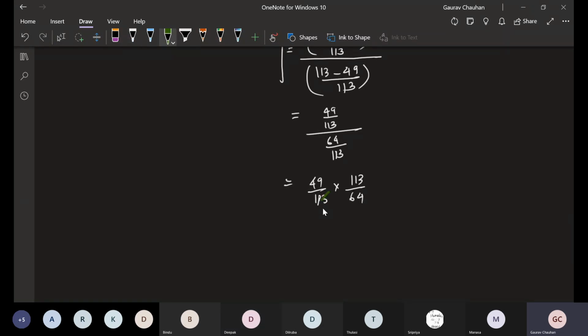And then you can cancel this and this out. Actually, now we are in 10th class, and here both of them have the same denominator and everything is in multiplication. You can cancel like this also, but just so that we are sure of our basics, write like this. Continue, Deepak. So then we'll get 49 by 64. Perfect, Deepak.